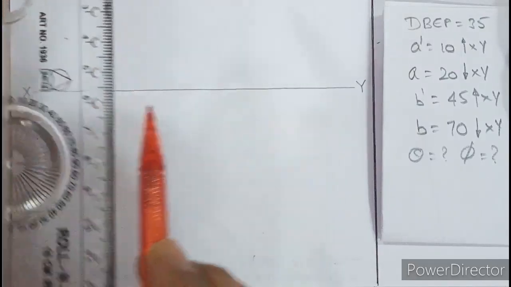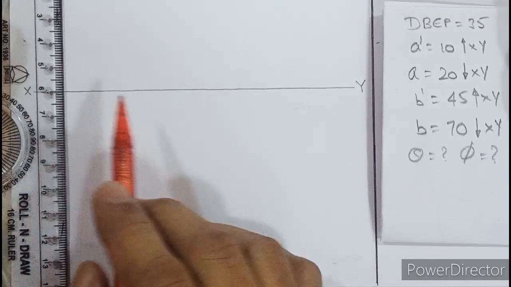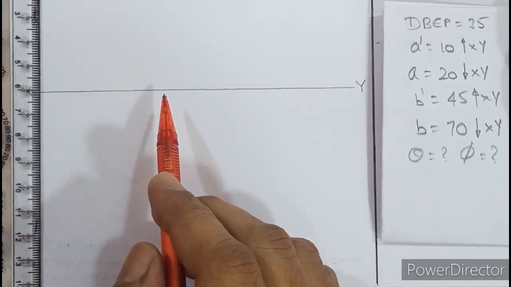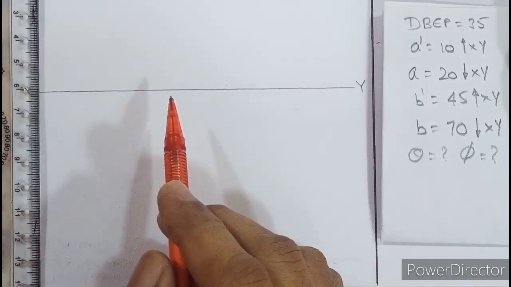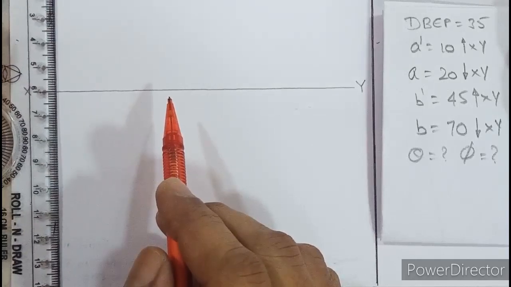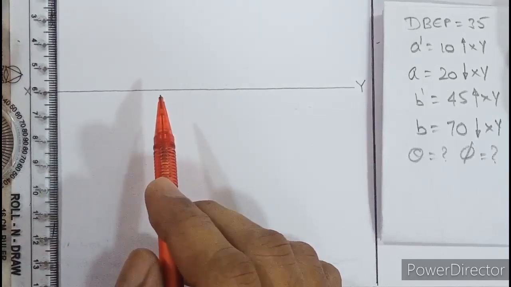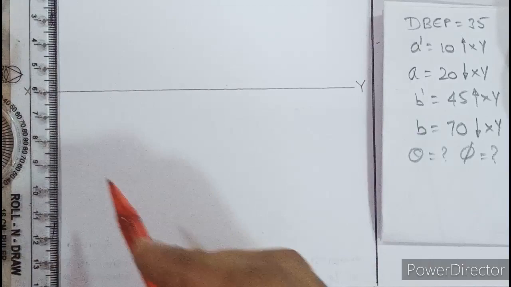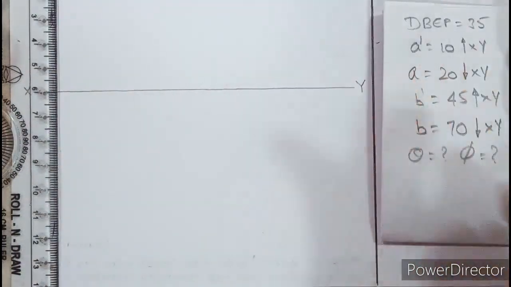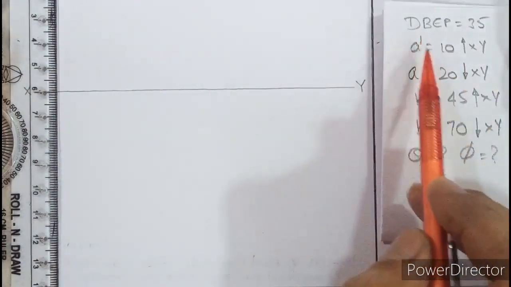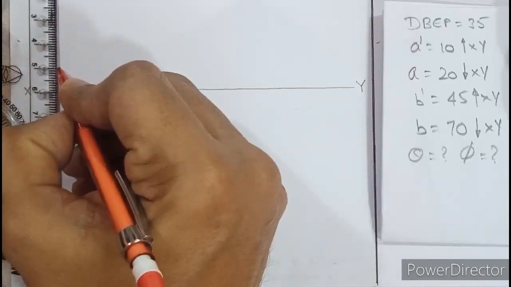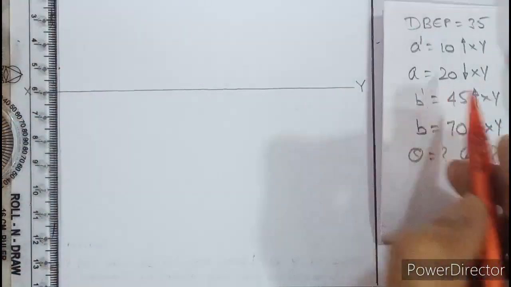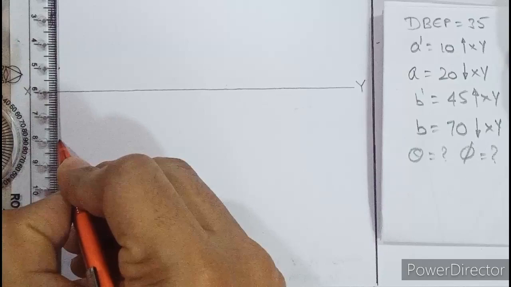You can align 6 with this XY line, or roll parallel to the edge of the paper, and draw a light line. Now, where is A dash as per the data? A dash is 10 above XY, so mark a point 10 above. And A is 20 below XY, so mark a point 20 below XY.